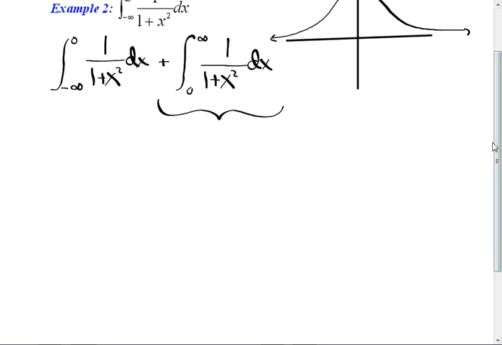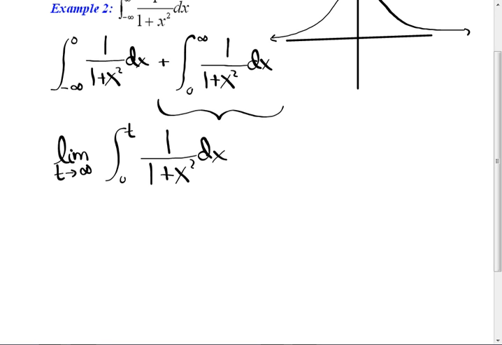Okay, so we will integrate from 0 to t, and this is the limit as t goes to infinity of 1 over 1 plus x squared. Do you guys remember that antiderivative? Close. Not negative tangent. Not tangent. Inverse tangent.